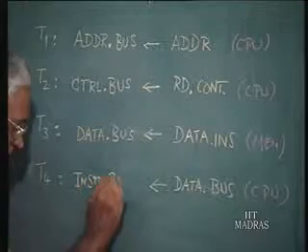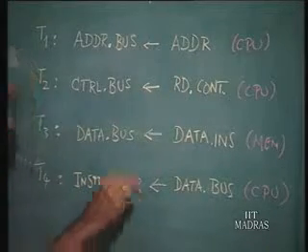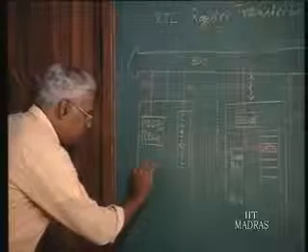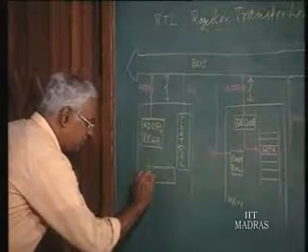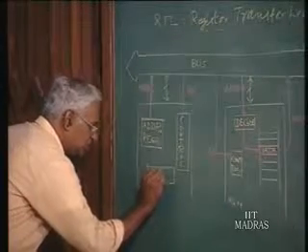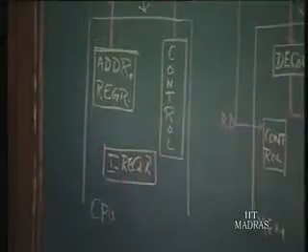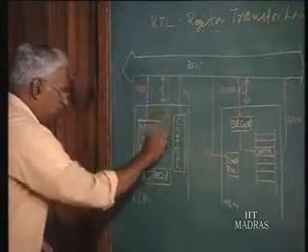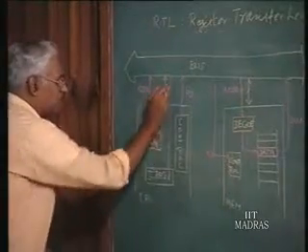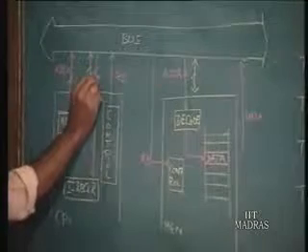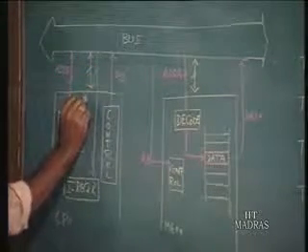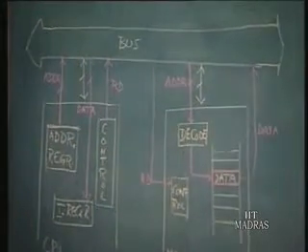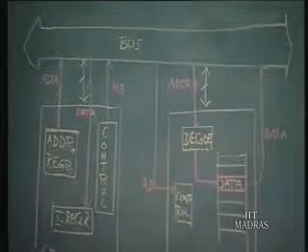Let's identify that as some register, the instruction register. So the data that is coming over the bus is routed to this particular one. This in fact is the data, routed into the instruction register.